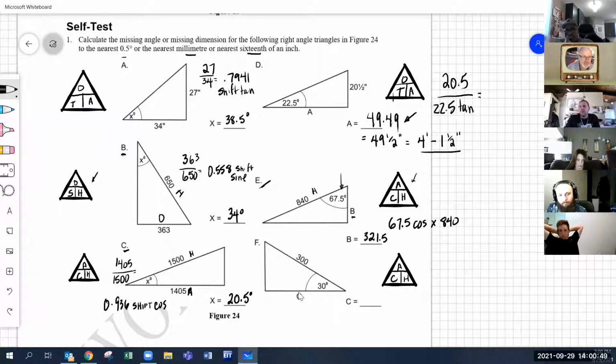mils. And now F, the variables we have are the angle and the hypotenuse. We want to find the adjacent. So we will use this formula where it says take the hypotenuse and multiply it by the ratio of your angle. So that's going to be 30-degree cosine times 300.